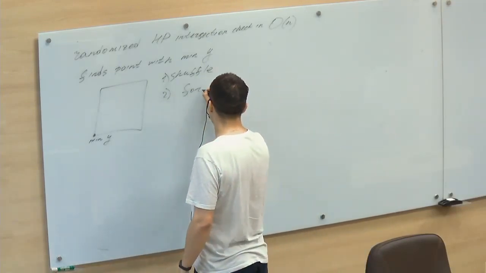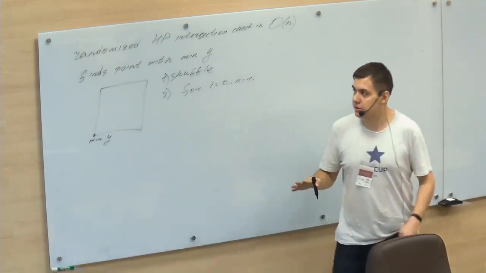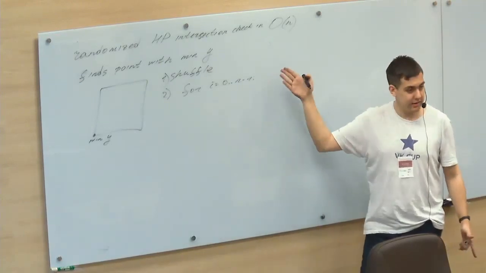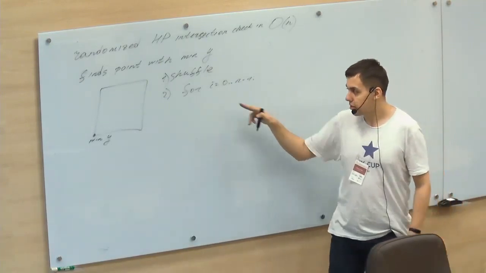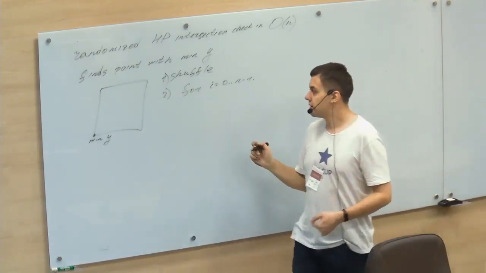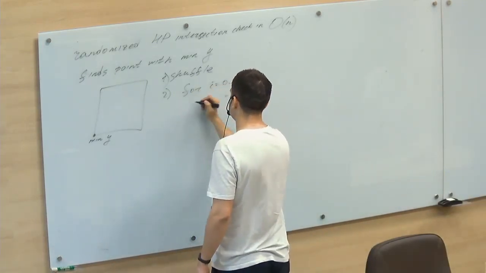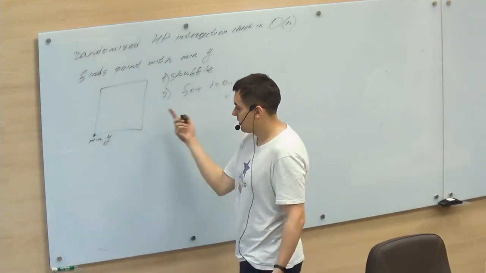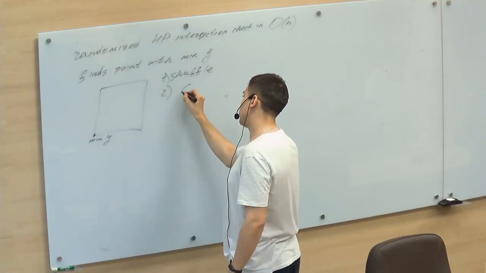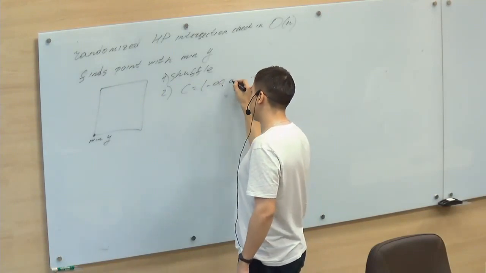So for i from 0 to n minus 1, we want to check if the current point is okay for this line or not. We have our current point C, which is (minus infinity, 0).